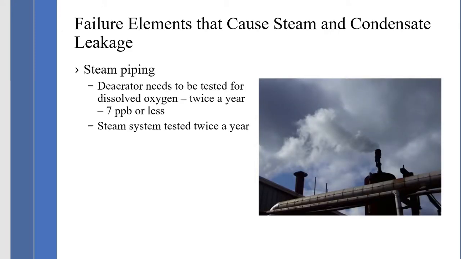One of the things you need to do to protect the system from corrosion is check the deaerator for proper operation. The proper operation of a deaerator is operating at 7 parts per billion or less dissolved oxygen without any oxygen scavenger being added to the deaerator for 48 hours, and that's per the ASME standard testing.